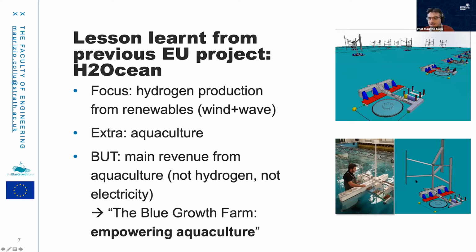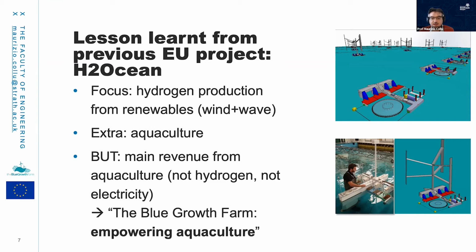So you have a vertical axis wind turbine that uses as a support platform a wave energy converter. This is by Floating Power Plant in Denmark. And we had a farm of these that sent their energy to a central platform where we produced hydrogen. And then as an extra, we thought it would be nice to have also some aquaculture system powered by this renewable energy.